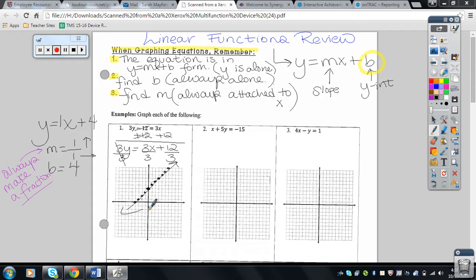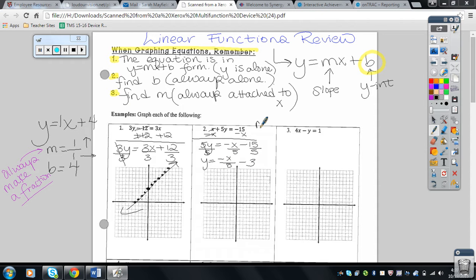Let's look at the next one. I have to get y by itself. That's the first thing I have to do. So let me subtract x on both sides. So I have 5y is equal to negative x minus 15. Now I'm going to divide by 5. So I have y is equal to negative x over 5 minus 3.